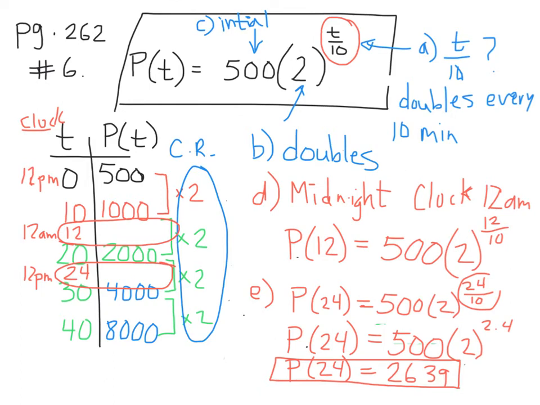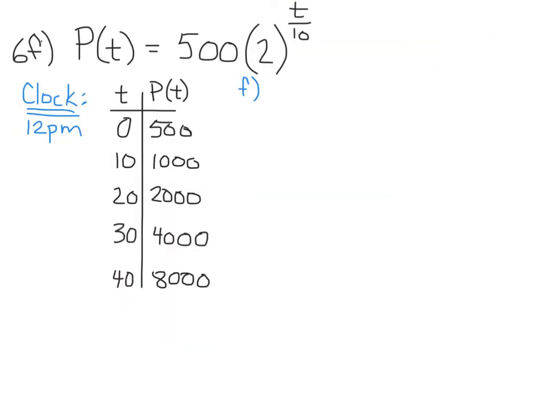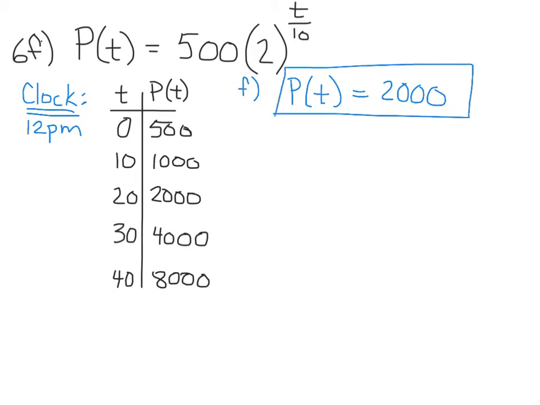Now, question F is a very, very important question in this unit. I rewrote all of this, but the question says, determine the time at which the population exceeds 2,000. I mean, this is a very easy question to answer, because this is a knowledge question.